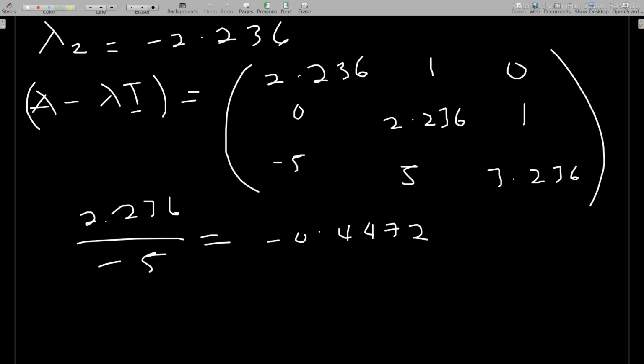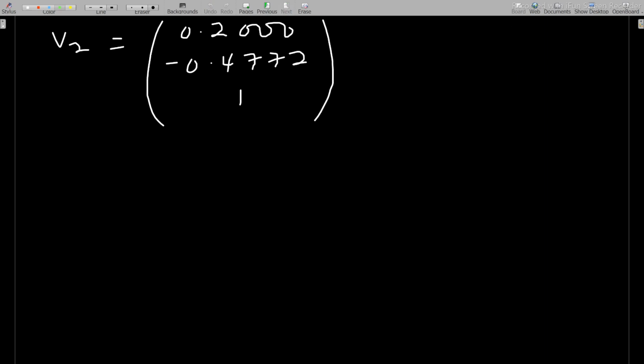But I believe this is right. So then lambda 2 is equal to what? Negative 2.236. Okay, so let's do the last one, and we'll write the general solution. So when lambda 3 is equal to 1, what is my solution?